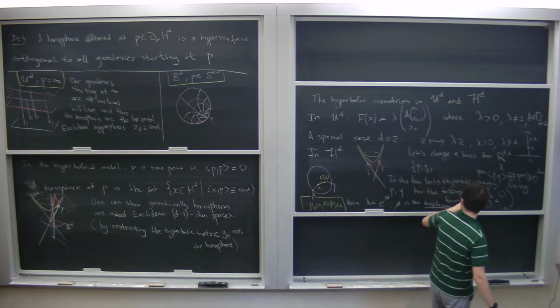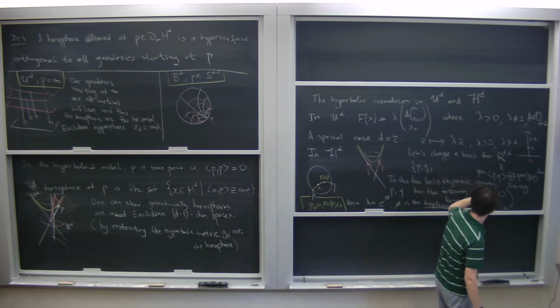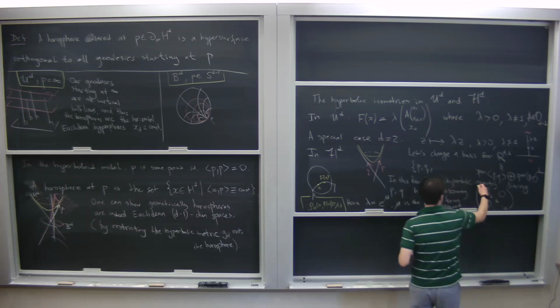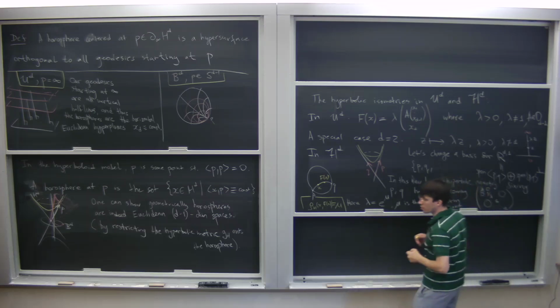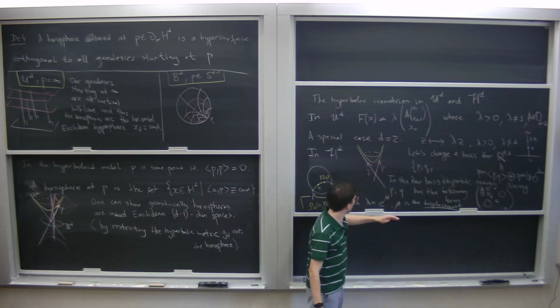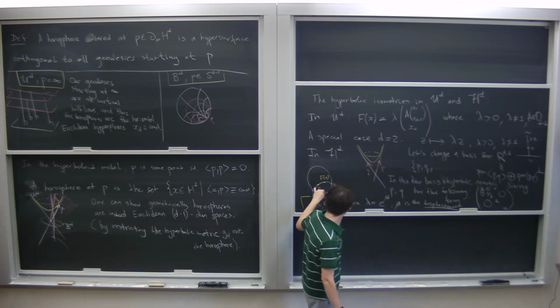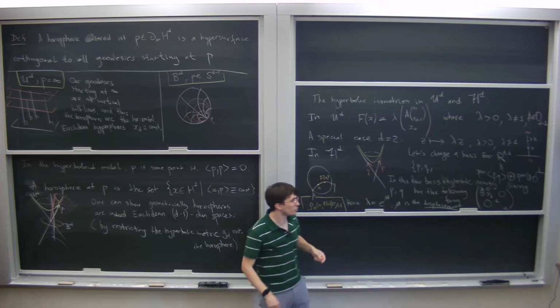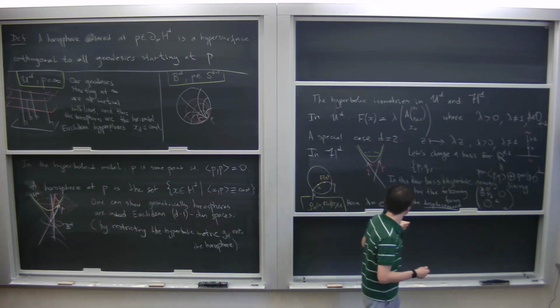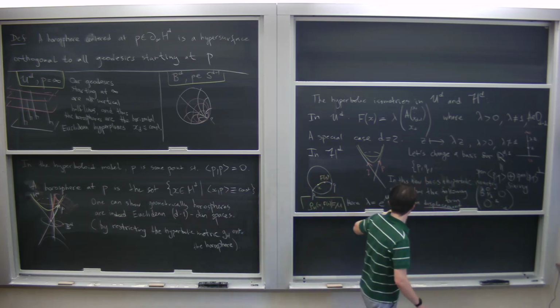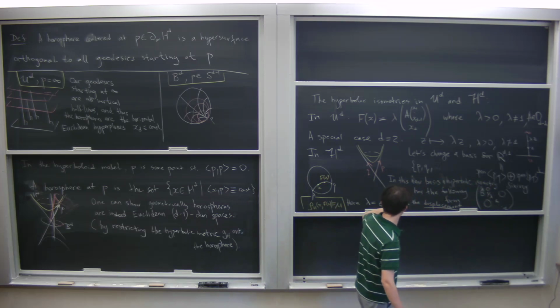So if lambda is greater than 1 or less than 1, depending on that, you decide if P and Q are attractive or repelling fixed points. So it basically depends on the sign of mu.